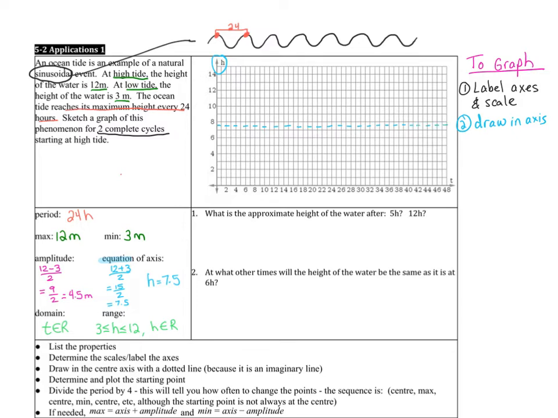I don't have a ruler on this, but draw it in with a ruler. The third thing you want to do is to make note of the maximum and the minimum. Now, in this case, it's very obvious what the maximum and minimum is because we've been told. So the minimum here is 3, and the maximum is up at 12.